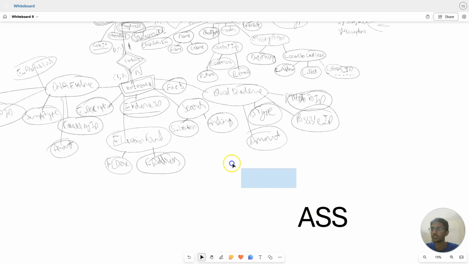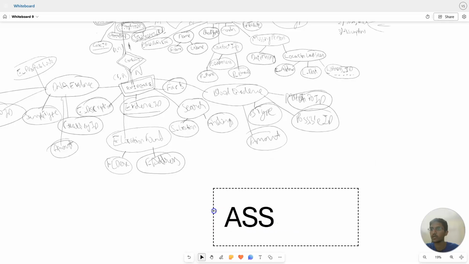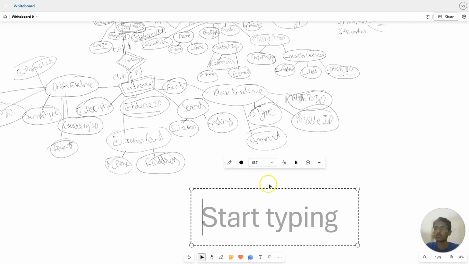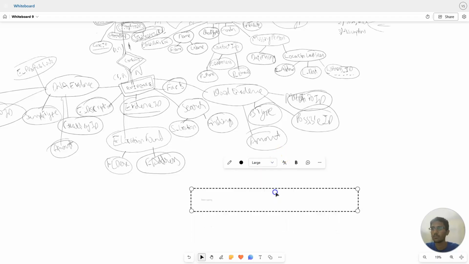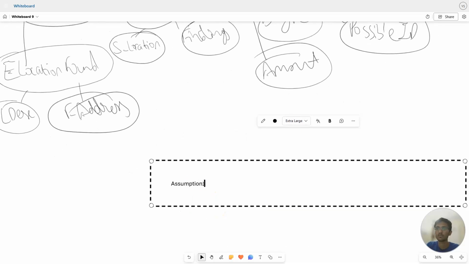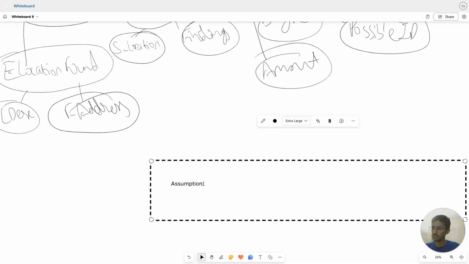I'm going to show this a bit more clearly in my diagram. Okay, assumptions. What assumptions are we making? We have to make assumptions for a couple of required things. First, about my weak entity: I'm saying that evidence is not entered in the database unless it is associated with a case.